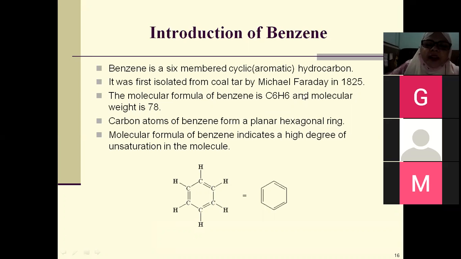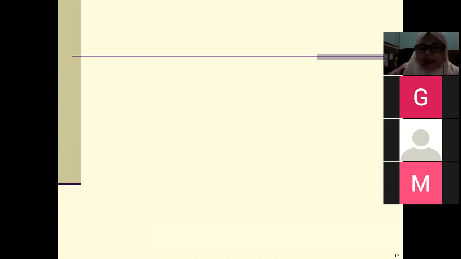That means there must be unsaturation in the molecule. So either it can be double bond or triple bond. So here you can see that benzene contains double bonds between the carbon atoms. So molecular formula of benzene indicates that this molecule is unsaturated in nature. That means it contains double bond in them. So this is the introduction of benzene.